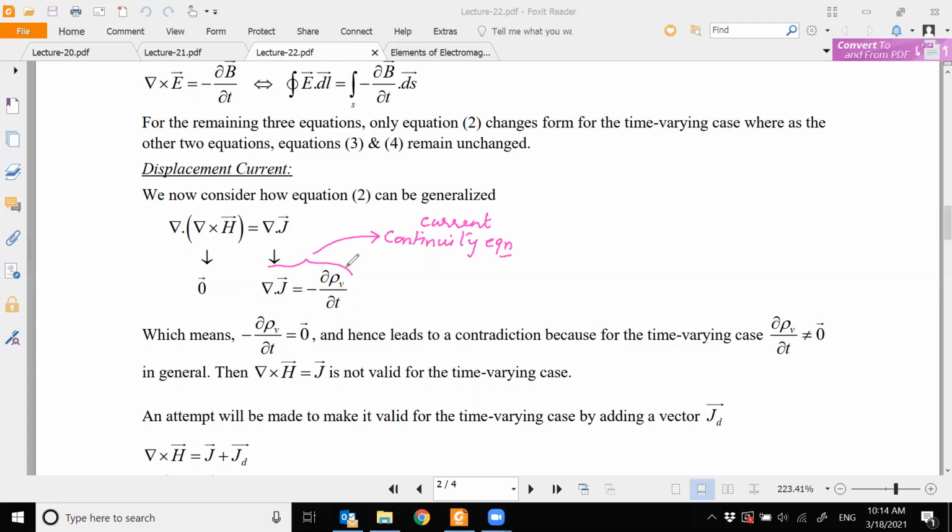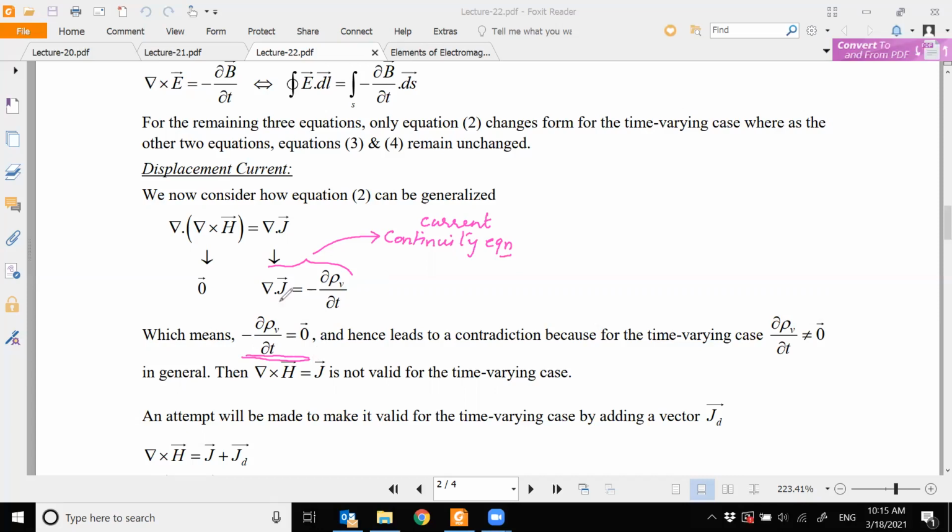So the current continuity equation is saying that del dot J bar is minus dou rho V over dou t, and therefore the right hand side is equal to 0. That means del dot J bar is equal to 0, or minus dou rho V over dou t is equal to 0.